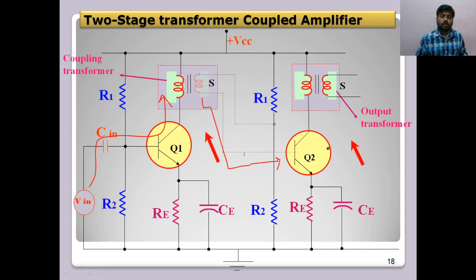So again it is further amplified by Q2, and the same voltage is developed across the collector of Q2, which induces the EMF in the secondary of transformer 2, which is the output of the second stage. So this is the final output of the two-stage transformer coupled amplifier.